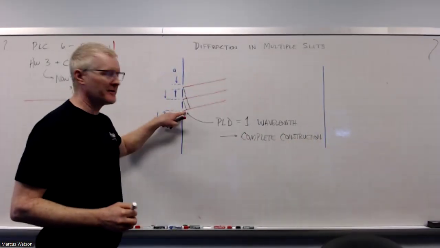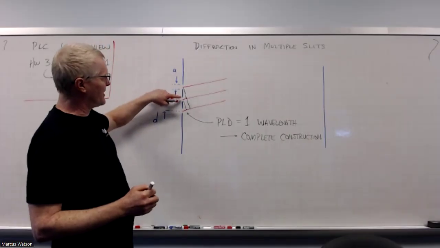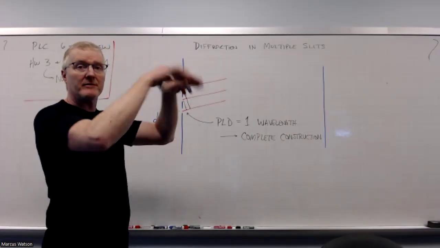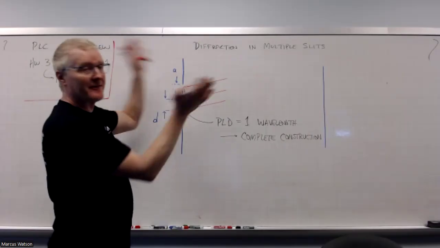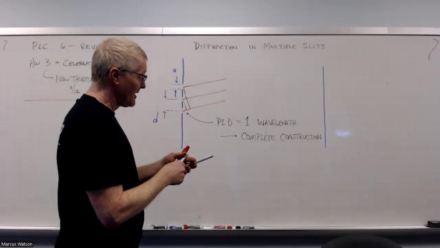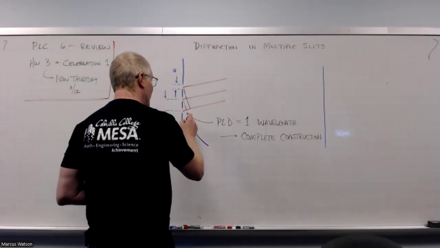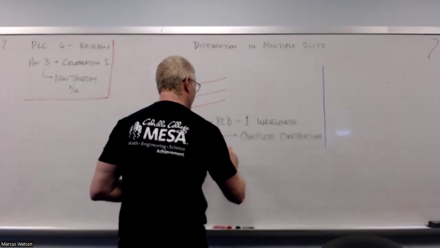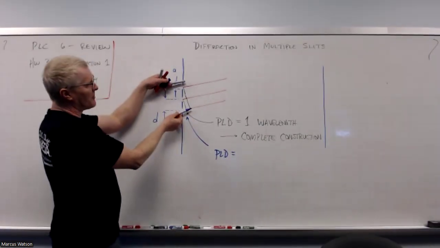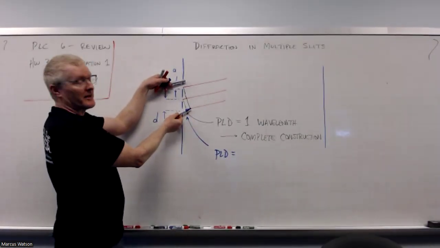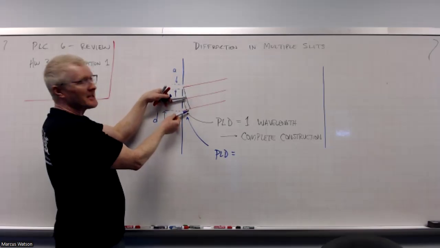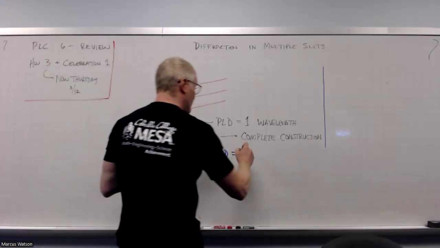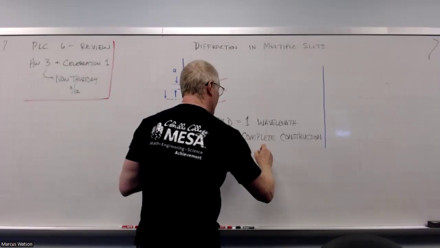Because if the path length difference is one wavelength, then it's one wavelength from here to here, one wavelength from here to here, and everybody's doing the same thing. That means everyone's constructing. But if I instead find the path length difference between the outermost ones being one wavelength, which means between each successive one it's a half, the PLD is now a half wavelength.